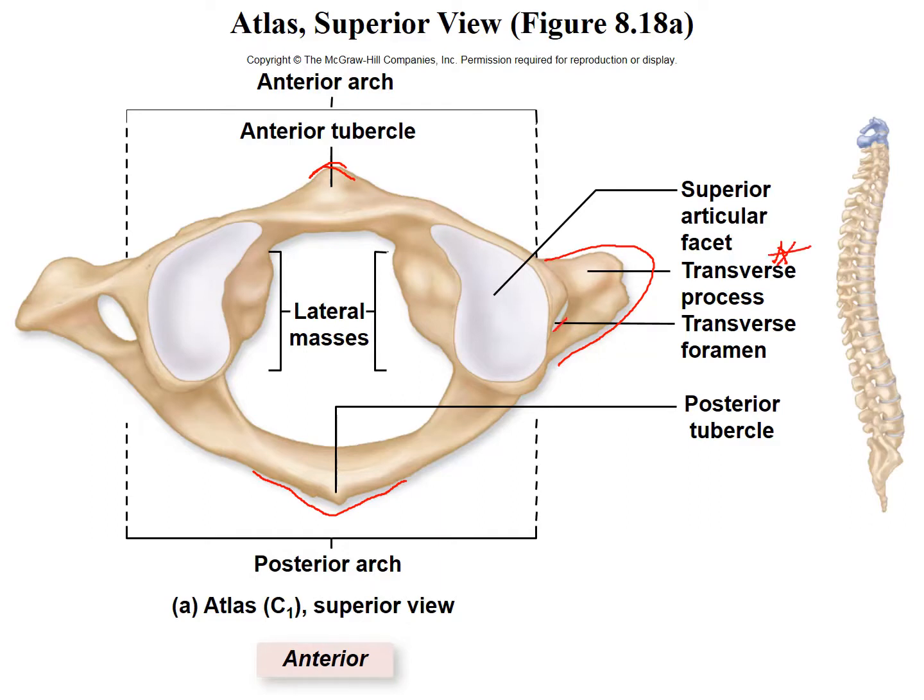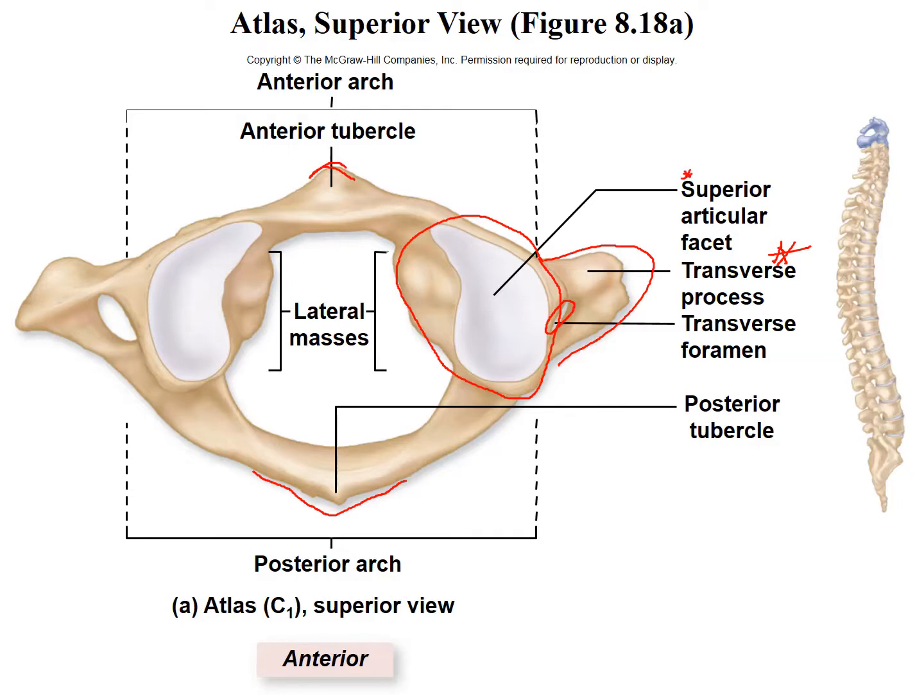It has a transverse foramen that we only see in the cervical vertebrae, but it also has this big mass here on either side that's going to articulate with the occipital condyles. That is called the lateral mass. You do not need to memorize the superior articular facet of the lateral mass.